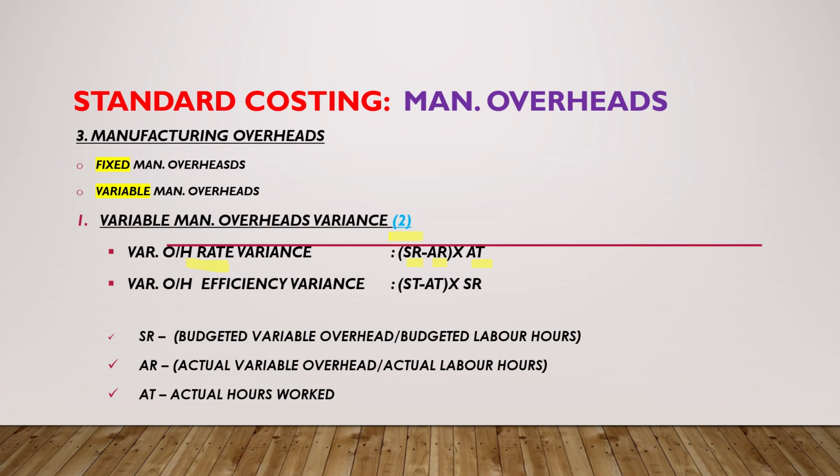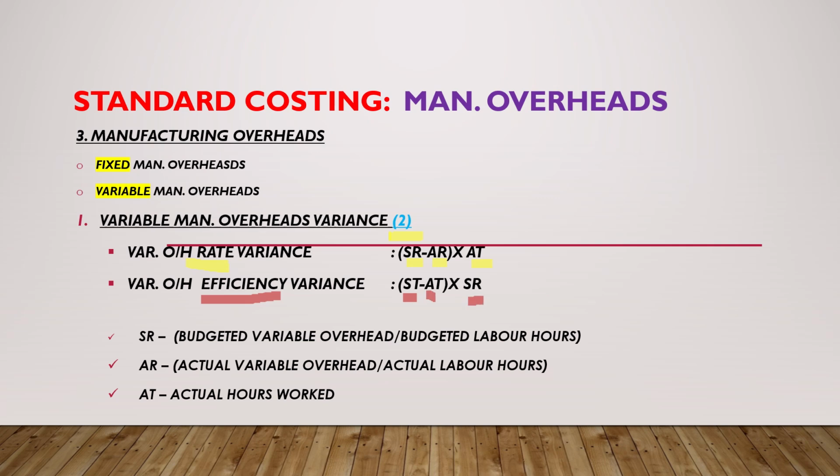And then the second formula, we are going to calculate variable overhead efficiency variance. Remember, efficiency, we said we're talking about time, so we are going to compare standard time and actual time. So the formula will be standard time minus actual time times standard rate.